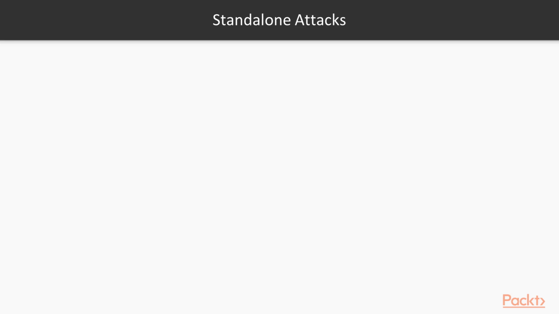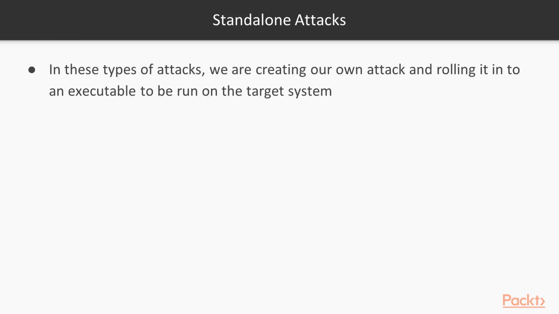Some other things that you might be able to do are what we call standalone attacks. What these are is instead of actually trying to take advantage of a specific client-based application or a client-based behavior, you're actually rolling one of the Metasploit attacks into its own executable that you want the end user to be able to execute on their system.